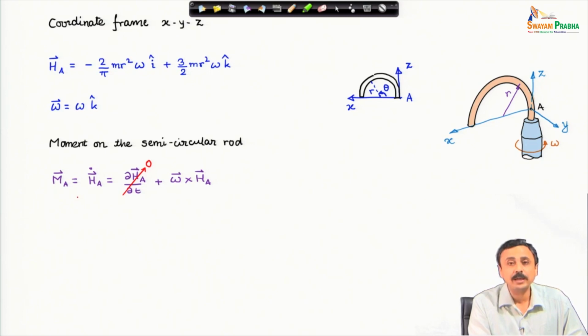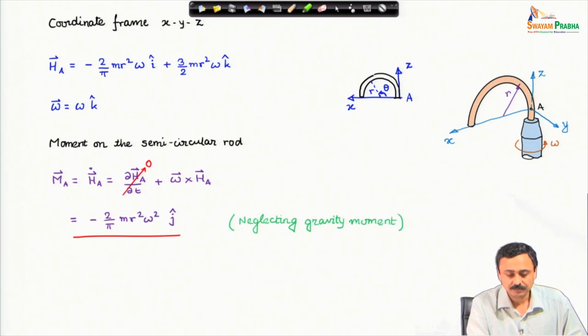M about A is equal to rate of change of the angular momentum about A, and we use the prescription to find out the total time derivative, that is del del t of angular momentum about A plus angular velocity of the frame cross the angular momentum about A. Now, there is no temporal change, the magnitude of omega is constant.